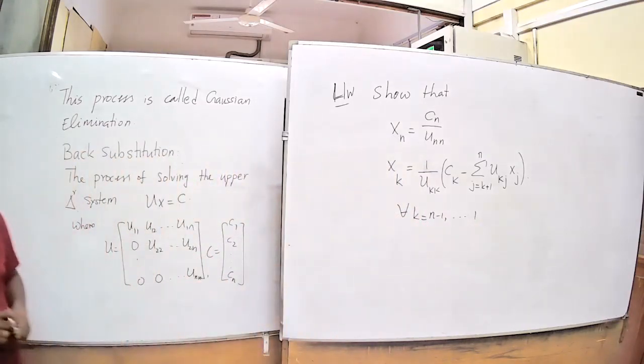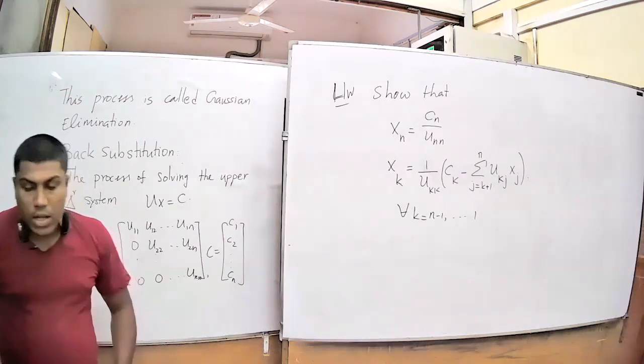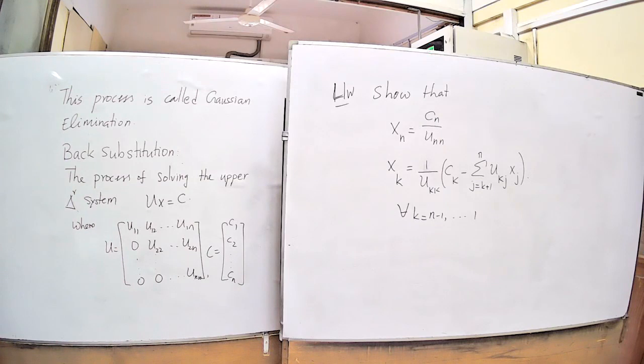So x_k is equal to 1 upon u_kk times c_k minus the sum of the remaining terms. Solving the equations one by one from the last will give you a general formula like this. That is not a big thing, just mechanical work, so I leave it as an exercise for you to show. So this is all about Gaussian elimination.